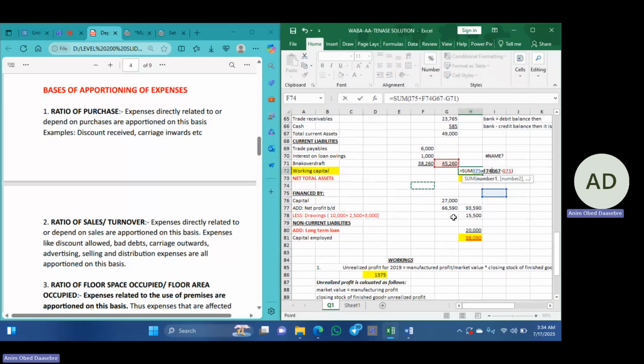So if you draw goods from your raw materials, you add it, and drawings from finished products, you also add it to the one in the trial balance. Then you add a total to this. You subtract the total from your total balance from the capital account and the net profit. Then you also add your long-term liability. Add it to them, then the total amount will be the same as your total assets.